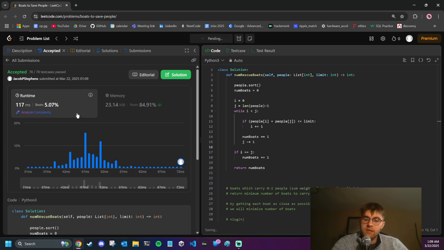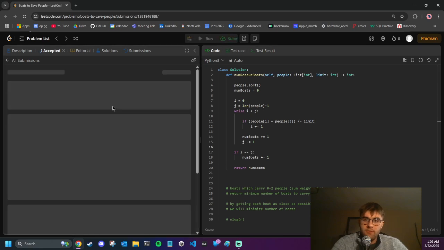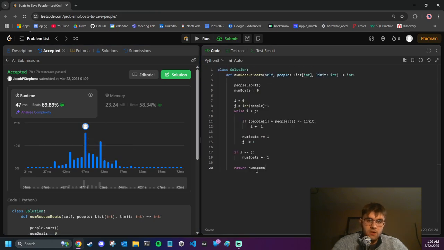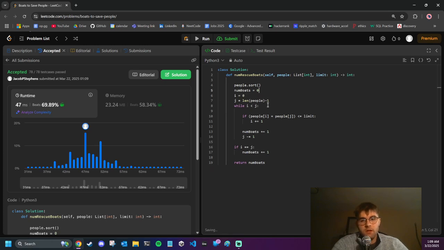Okay, so it looks like there might be something faster than n log n. Okay, maybe not actually. It seems like I'm in the right sort of area. Yeah, okay. So it looks like I did it. I think n log n is good.